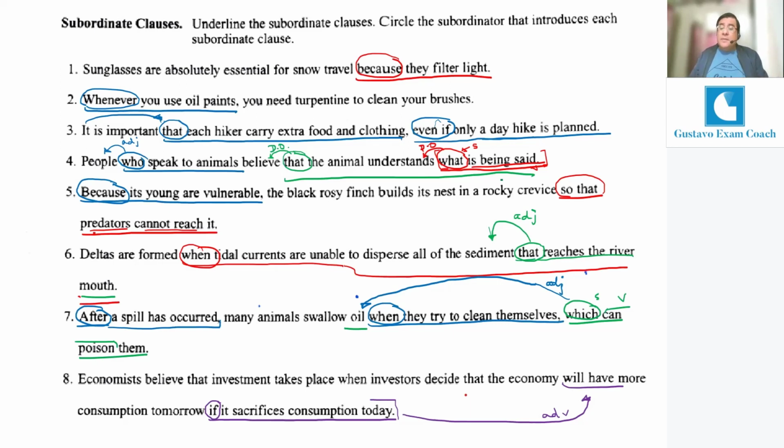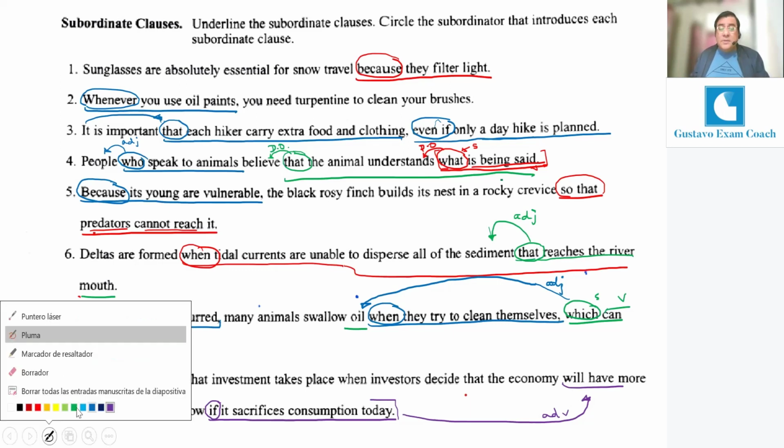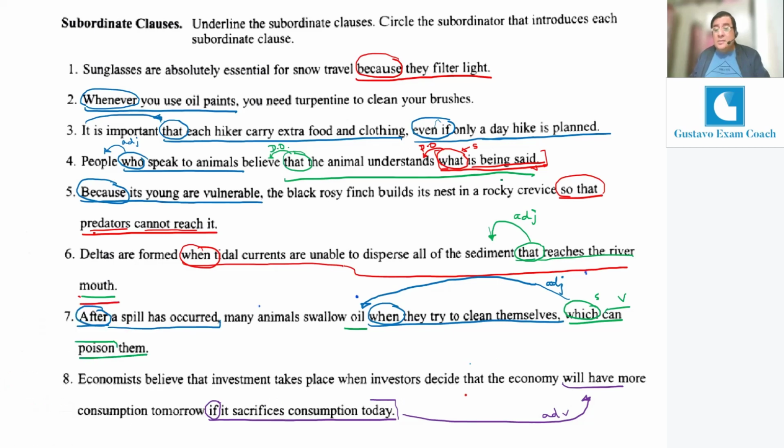Okay, but you can see that the economy will have more consumption tomorrow if it sacrifices consumption today could stand alone as a complete sentence because it is a complete idea on its own. But the fact that we are preceding the economy as a subject of the clause with this word that makes the whole clause subordinate.